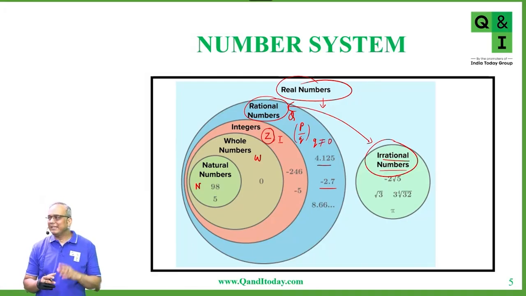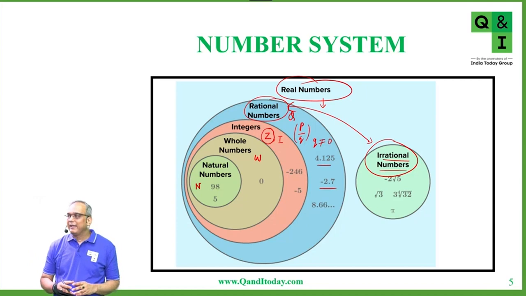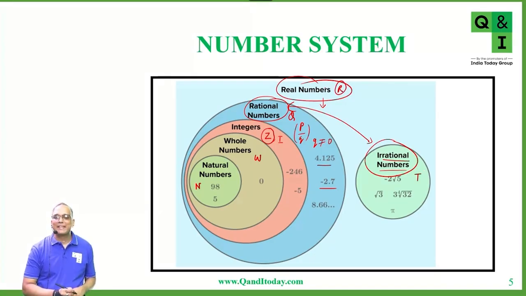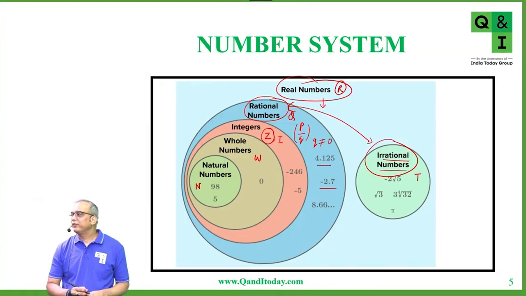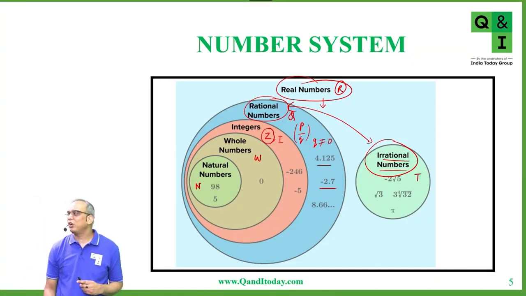Is the concept of the number system clear to everyone? One more thing, irrational numbers are denoted by capital T, and real numbers are denoted by capital R. Is the concept clear? If you have understood, students, you can write it in the chat.